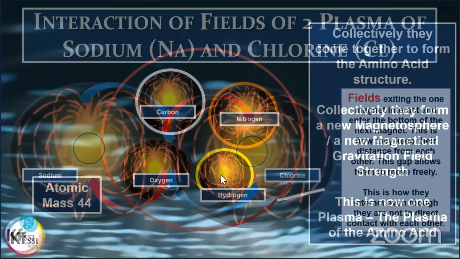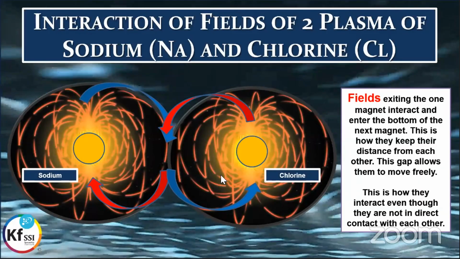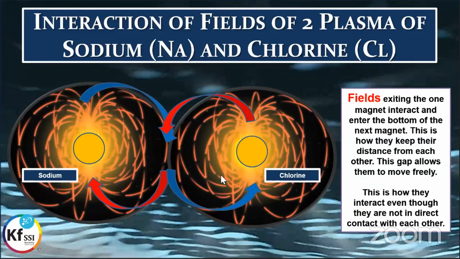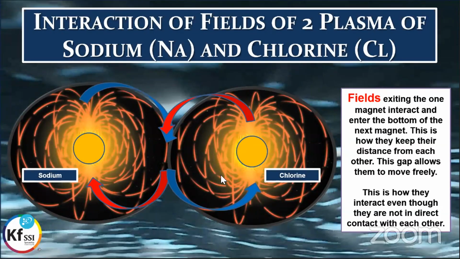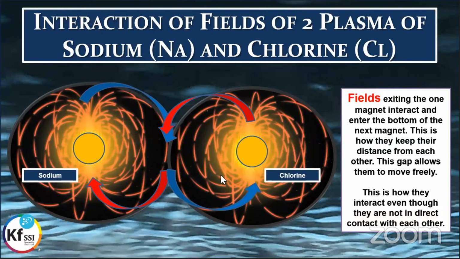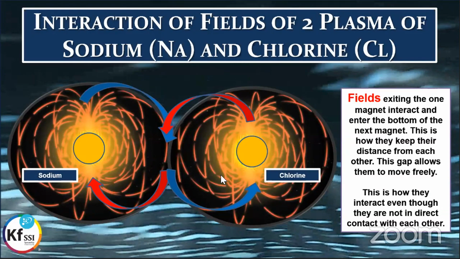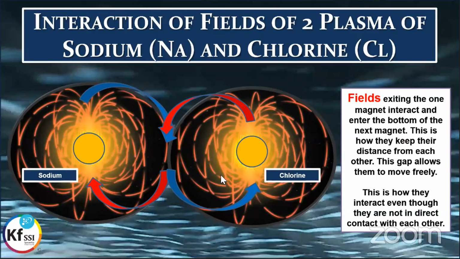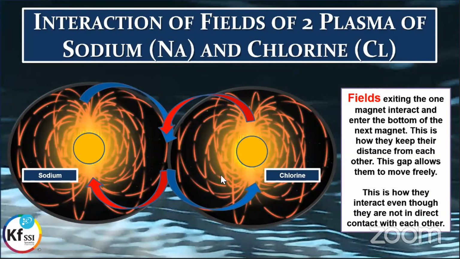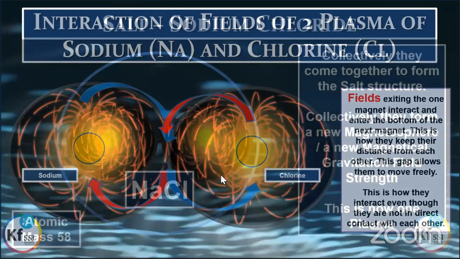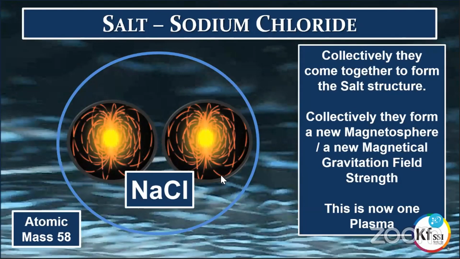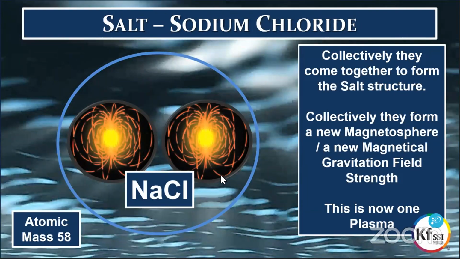When we have a look at the field interaction of the two plasmas of sodium and chlorine, which is our salt, sodium chloride, it's the same. We have the sodium and we have the chlorine plasma, and they're interacting just like the two magnets in a GAN state in this plasma condition, and again together they form what we know as salt, and it creates a new magnetosphere, a new gravitational field strength.